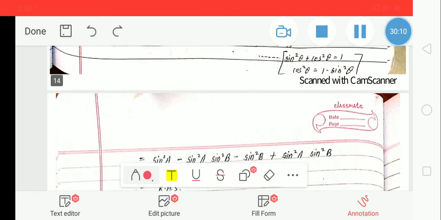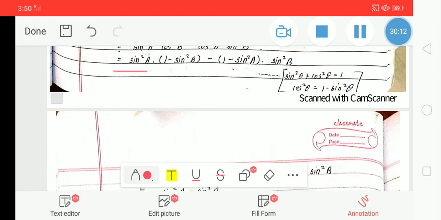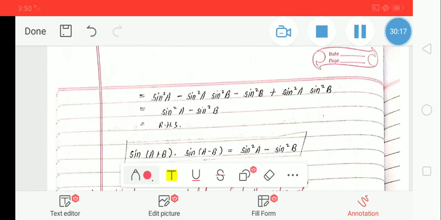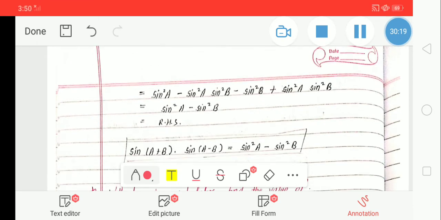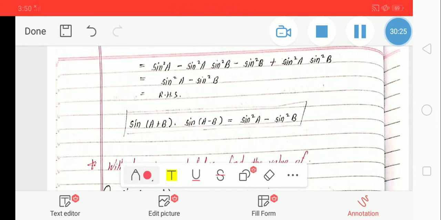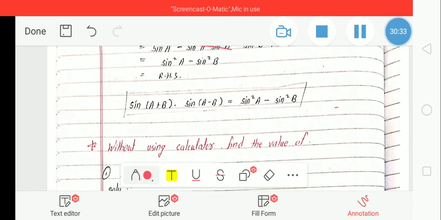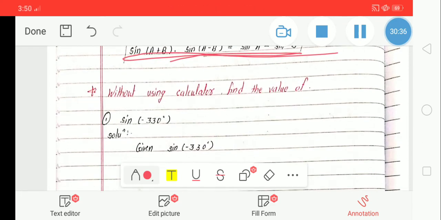Now here sin square multiplied by 1 and sin square multiplied by this one also. So sin square a minus sin square a sin square b is equal to sin square b plus sin square a sin square b. So here these are plus and minus, so we got sin square a minus sin square b. So we can prove it, hence proved.